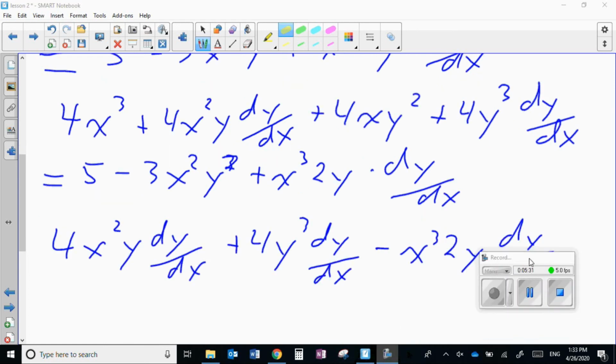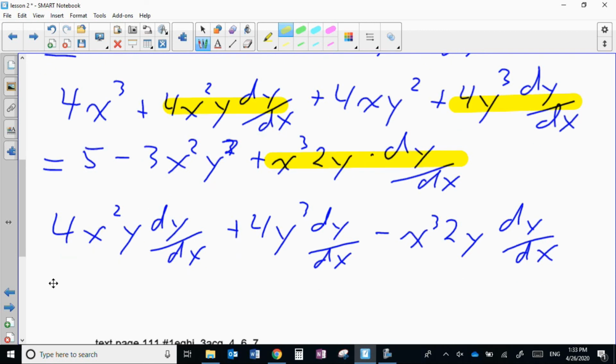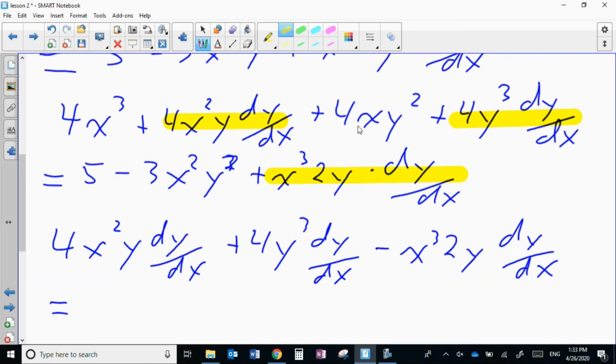So when I put my 3 terms with dy by dx in them on the left, there's one there, 2, and there's another one there. Okay, of course that one becomes negative when it appears on the left side of the equation. And then that is going to be equal to everything else, and I have to move some of these terms over.